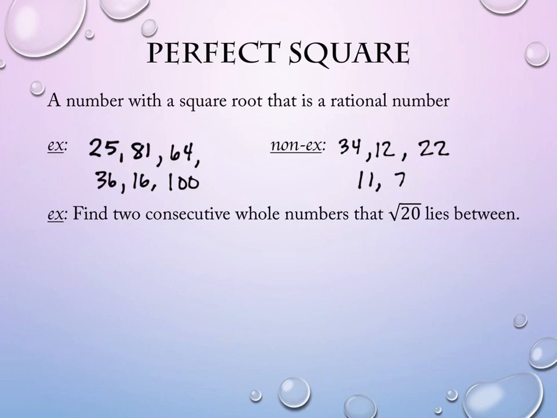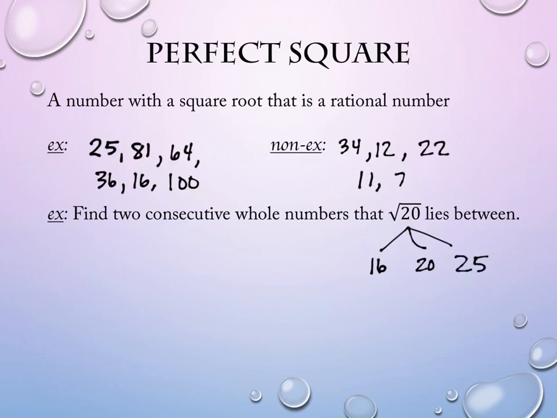The point is that there are perfect square roots around the number 20, we're going to put 20 right here, that are perfect squares. What is this perfect square that comes right before 20? 16. And what's the perfect square that comes right after 20? 25.